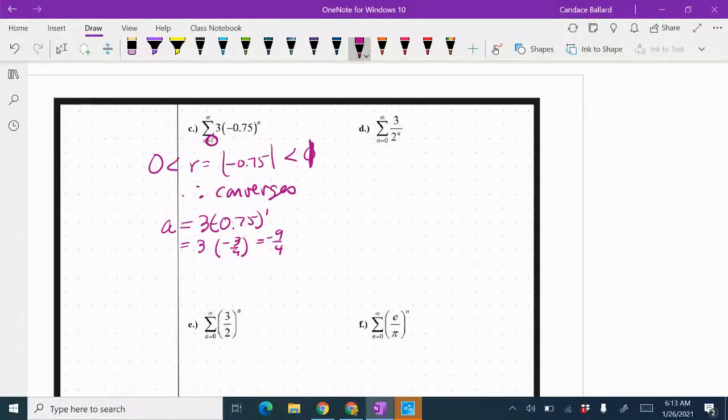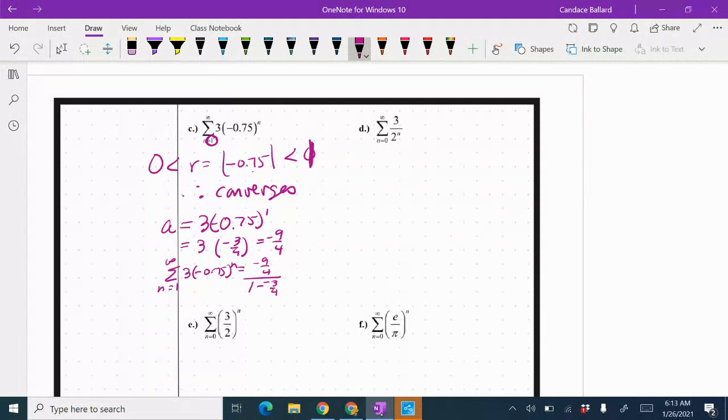So in order to calculate this sum, the sum from n equals 1 to infinity of 3 times negative 0.75 to the n equals my a value, which is this negative 9/4, over 1 minus the ratio. It's actually going to be negative 0.75.